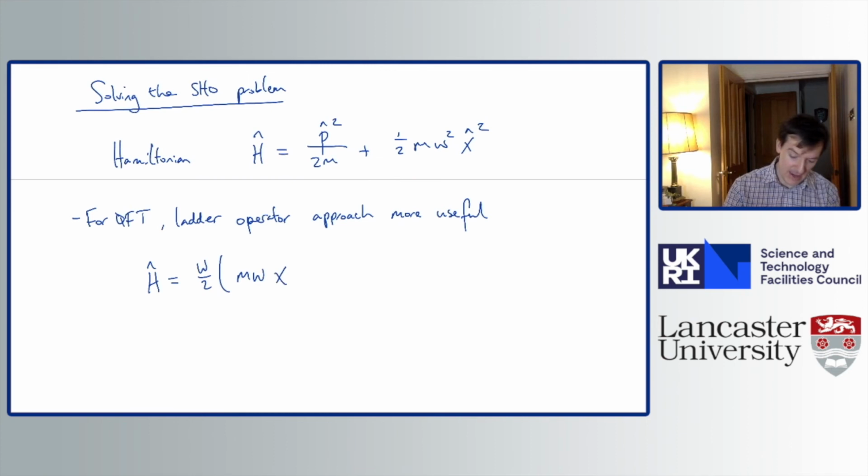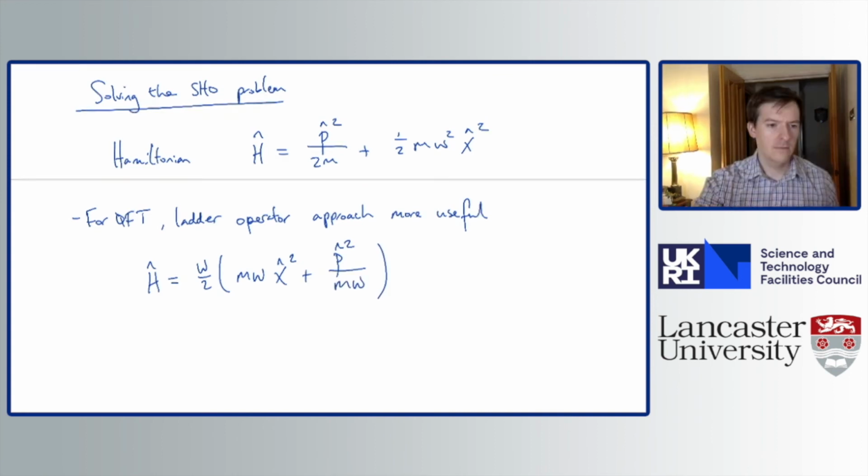Doing that, I get x squared plus p squared over m omega. Now we have a Hamiltonian which is quadratic in x and in p. So one way that you might want to proceed is to try and factorize it into two terms that are linear in x and p. In particular, you might think about completing the square.